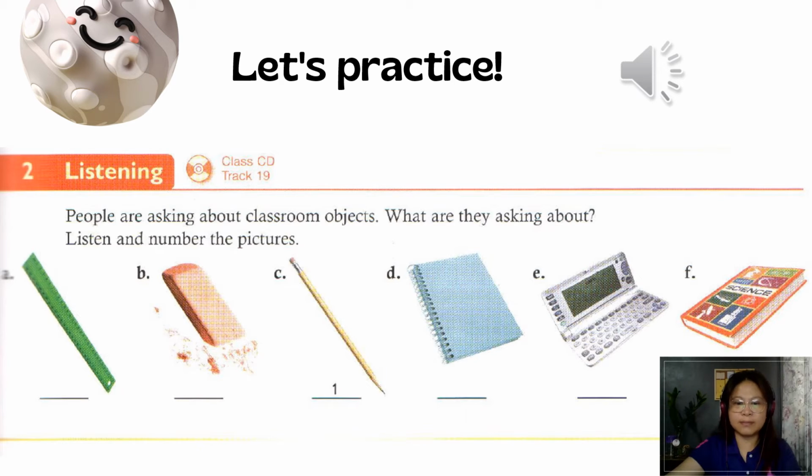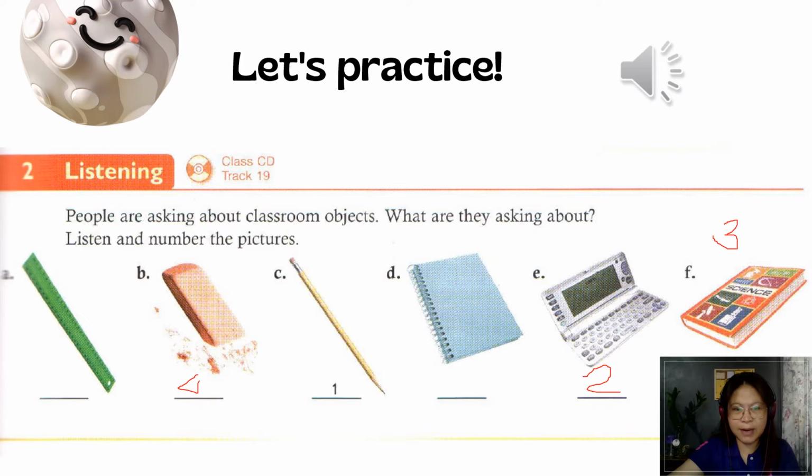Page 13. Exercise 2. Listening. 1. Who has my pencil? 2. Is that your electronic dictionary? 3. Where's my book? 4. Do you have an eraser? 5.